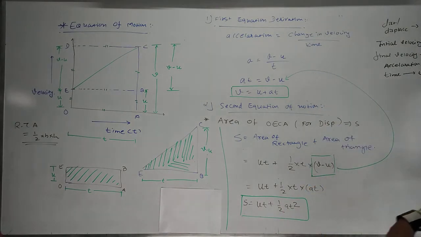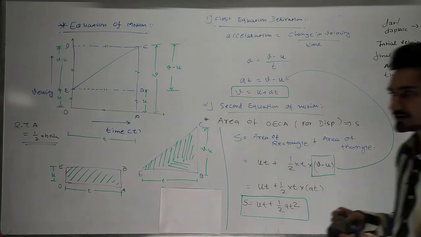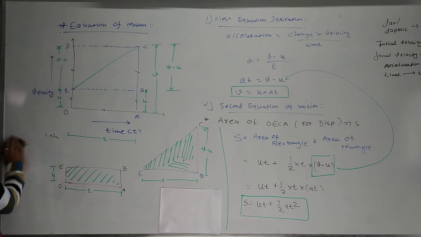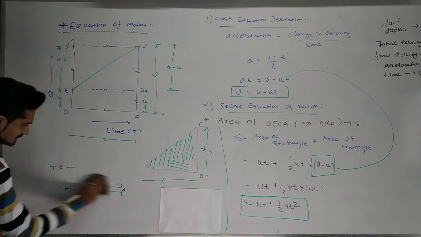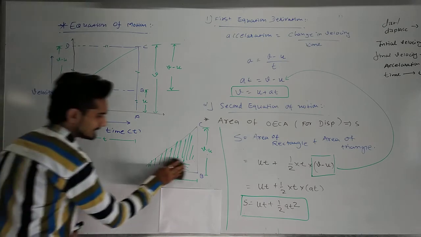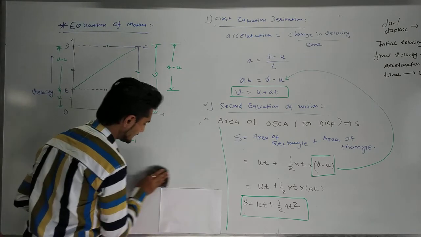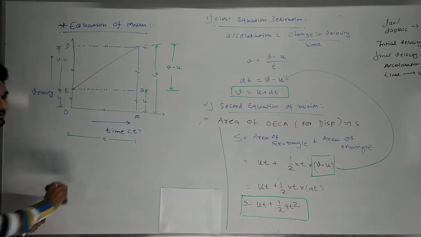Now we are going to erase the triangle and rectangle parts because we are going to derive the third equation there. We don't want this triangle and rectangle separation now, because we are going to take this whole trapezium area.